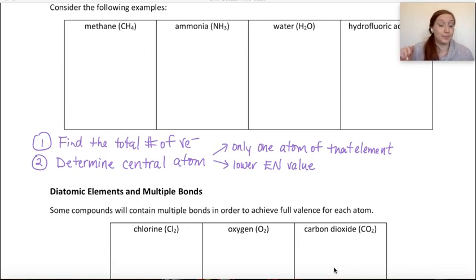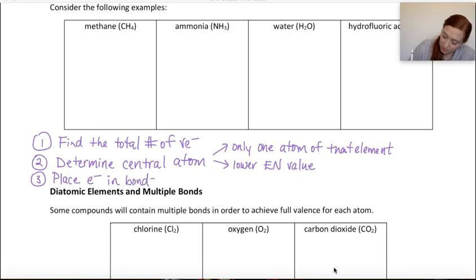And then you will want to look at placing your electrons. Place electrons in bonds. Remember, these are shared pairs.